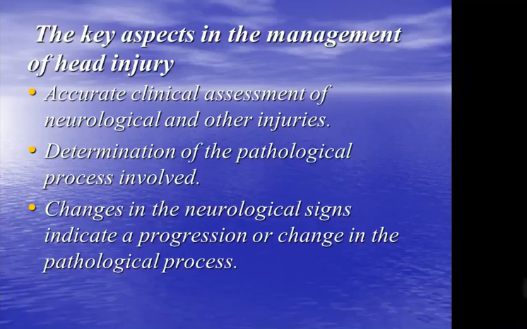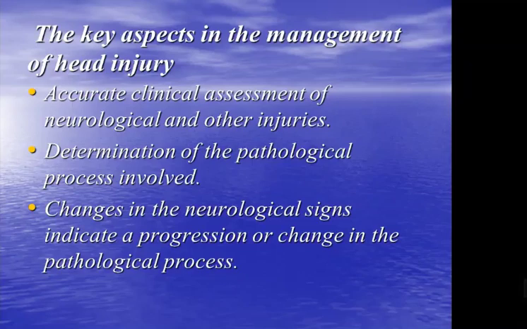And the last point, which I told you it's important, that changes in neurological signs will indicate a progression or change in the pathological process. We mean that sometimes the patient, for example, presents with a trivial loss of consciousness, and then at presentation, he was fully conscious. The loss of consciousness was at home, and on the way to the hospital, he regained his consciousness.